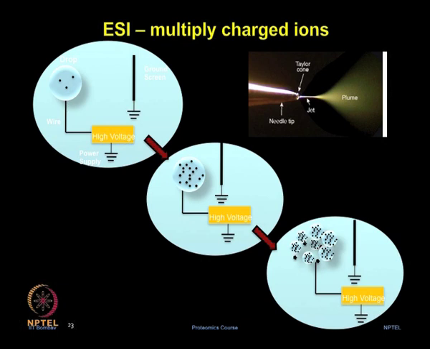You can see this process with much clarity in this slide. The top panel shows the Taylor cone generation and the center shows the production of multiply charged ions. Usually it is coupled to the MS via real time liquid separation.